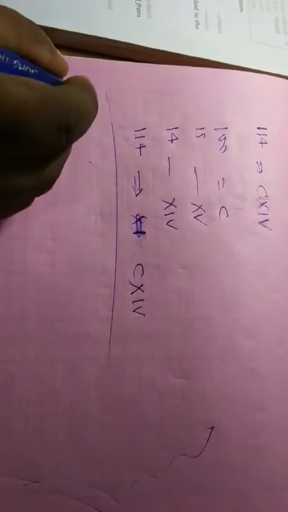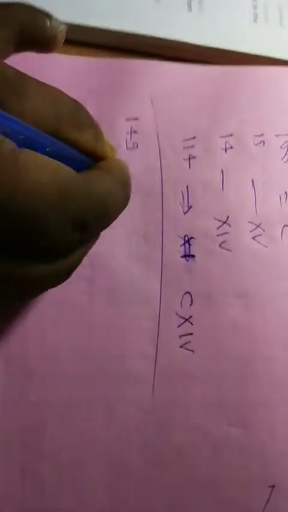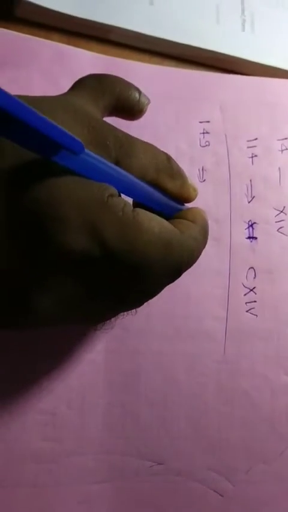If you want to write 149, C stands for 100, L stands for 50.